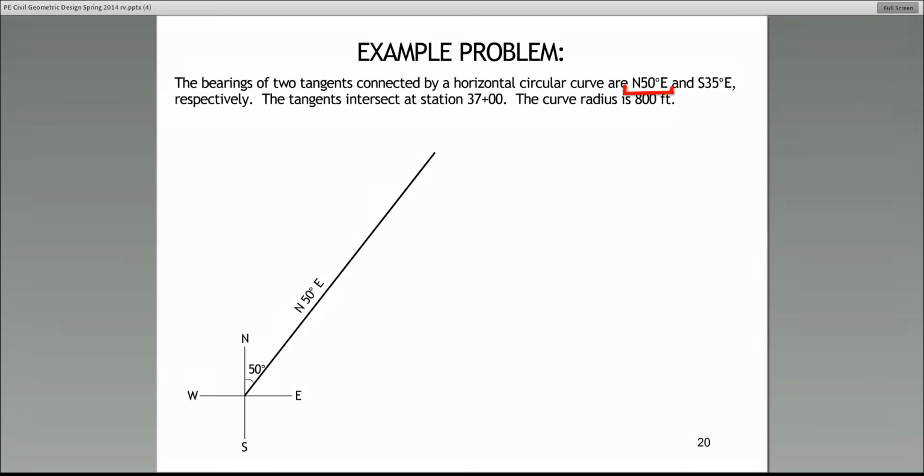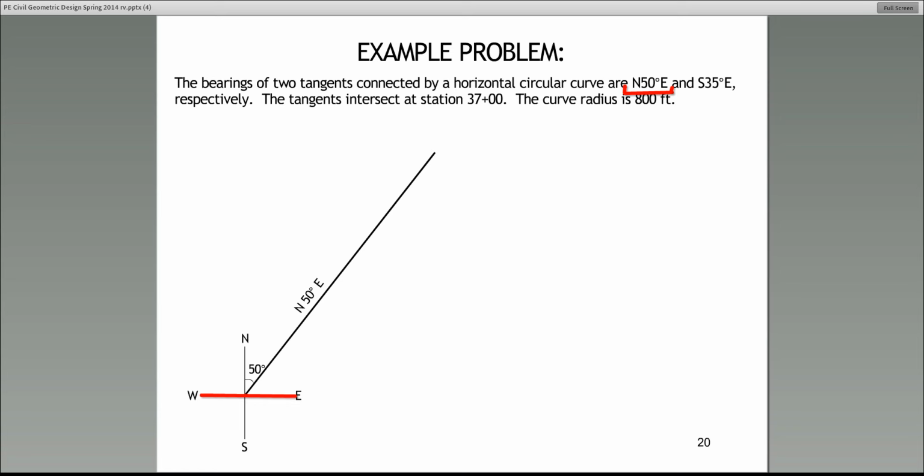So we have the concept of bearing. This is what I need for you to do. What does a line that has a bearing of north 50 degrees east look like? I want you to go exactly through these steps that I'm going to outline next. All right? Look at the bottom left of the slide.